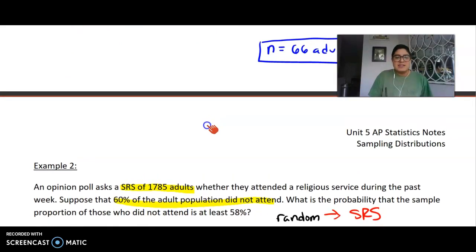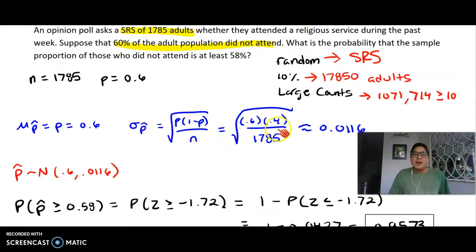So here you go. Here are some example problems for you. Go ahead and pause the video, try them out, and then we'll go over the answers shortly. All right, so hopefully not too complicated. I'm not always going to make you write out the conditions because sometimes these are multiple choice questions. We'll address the sampling distributions using inference at a later time, but I won't be mean.